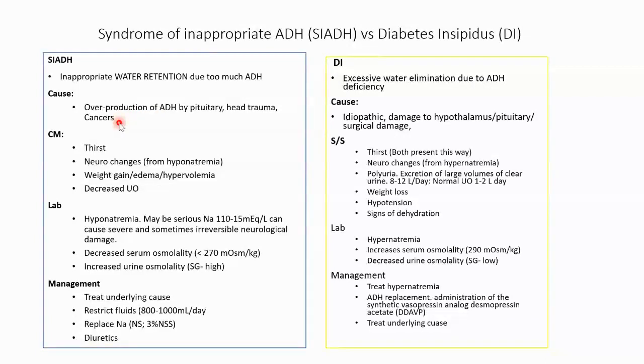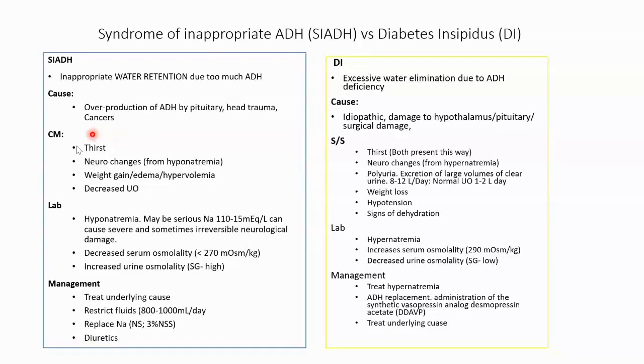Cancers, or I should really just say a pituitary tumor, which are sometimes cancers and sometimes aren't, but often pituitary tumors can cause that. In a hospitalized patient, we see it more in a patient who has had head surgery or something going on with their head where they are getting pressure on their pituitary gland.